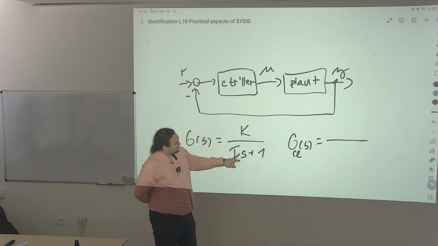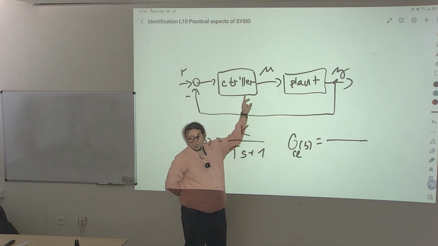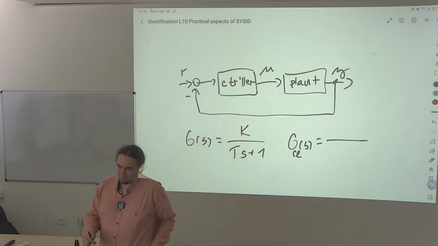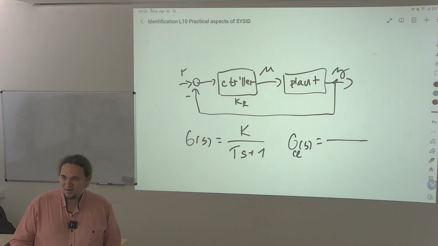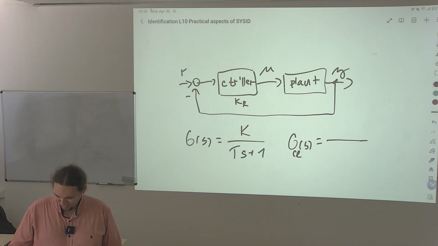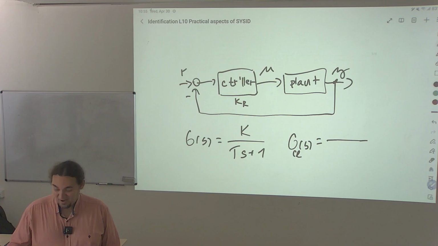Don't you remember how the closed loop would look if we just use the P controller, if the controller is just some KR? The denominator was the characteristic equation.